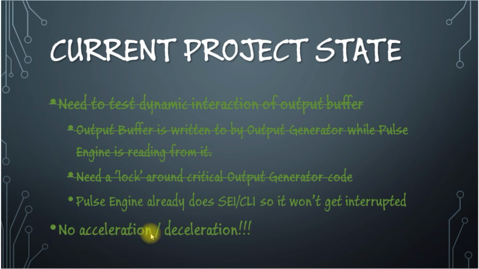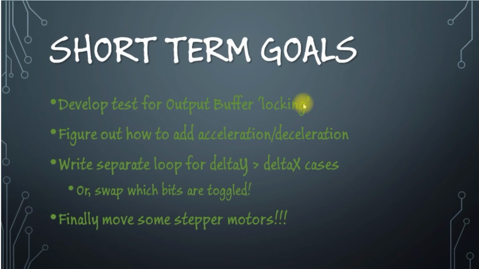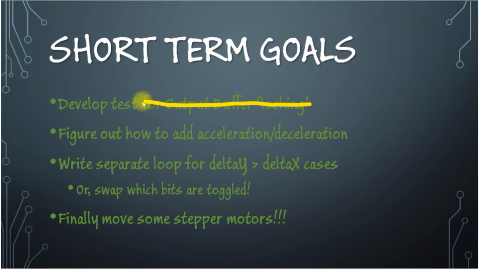The big thing is there is no acceleration and deceleration yet. I've actually done this test here already, but we still need to figure out the acceleration and deceleration, and what we mentioned here before about swapping the bits that are associated with the major and minor axis, and then finally wire up some stepper drives and stepper motors and make things move.